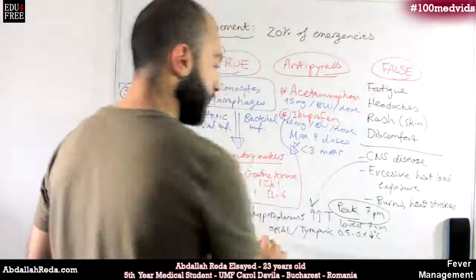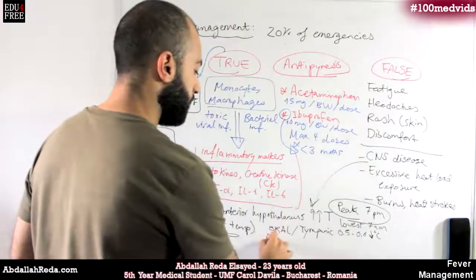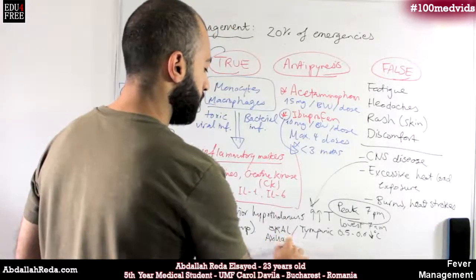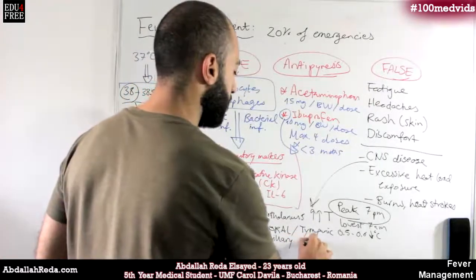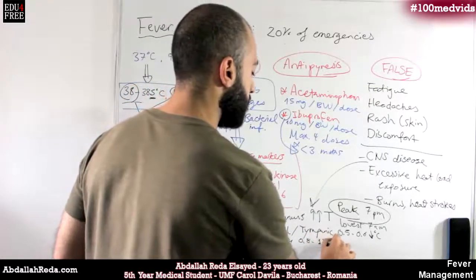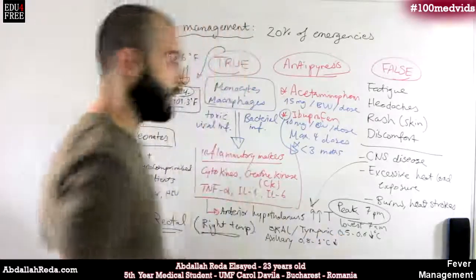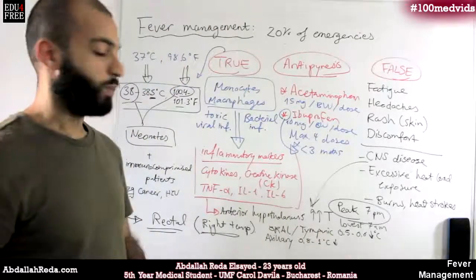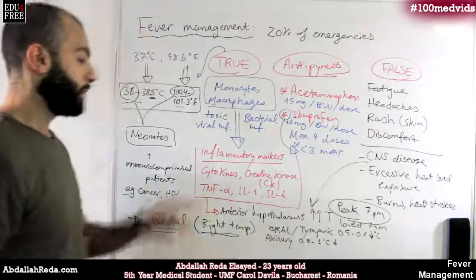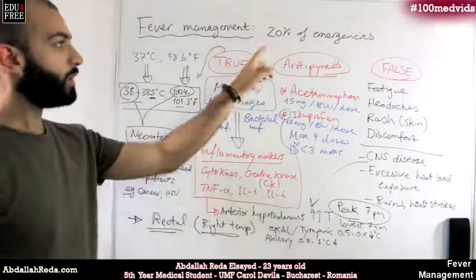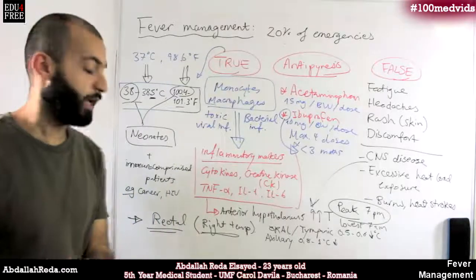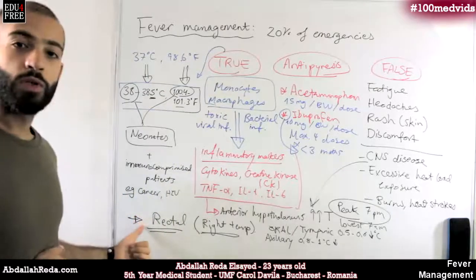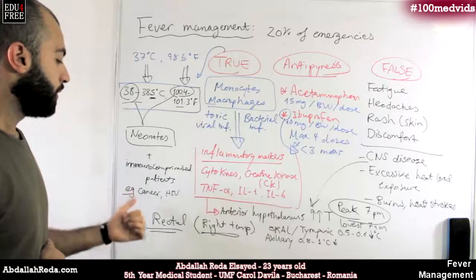The axillary measurement is the least accurate, about 0.8 to 1 degrees Celsius less than the actual temperature. So, especially for kids, when they present to the emergency department, the temperature should be taken through the rectum.